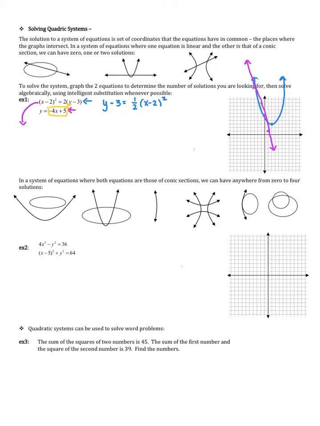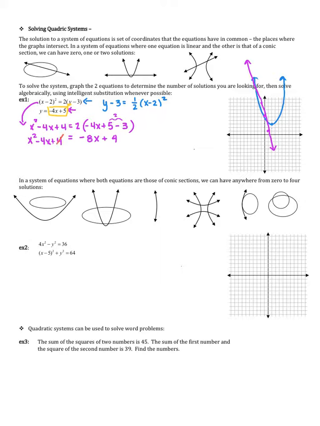I'm going to FOIL out this x, which gives me x squared minus 4x plus 4 equals 2 times (negative 4x plus 5 minus 3), and then distribute, so negative 8x plus 4. So x squared minus 4x plus 4, and then combine my like terms.